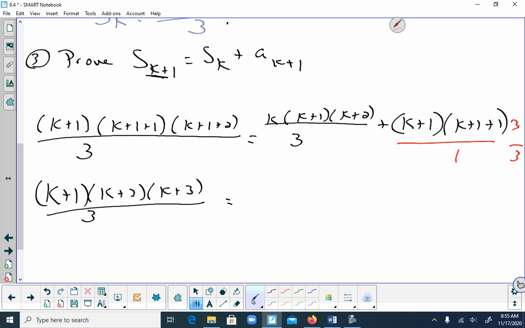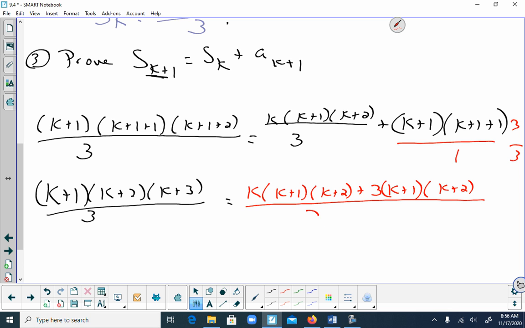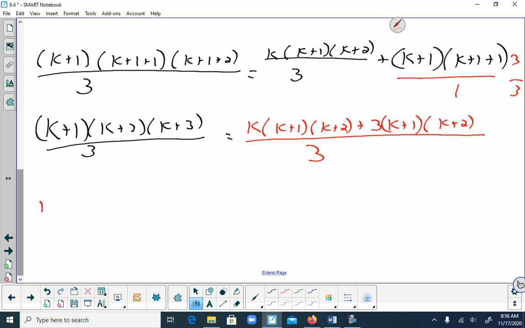So I am going to have k times k plus 1 times k plus 2, and then this will be plus 3 times k plus 1, k plus 2, all over 3. So the left side looks good. Gonna leave it.